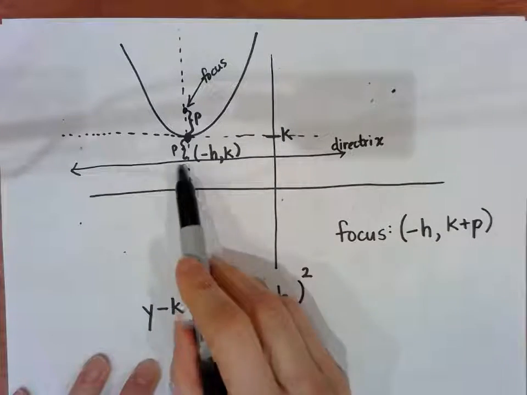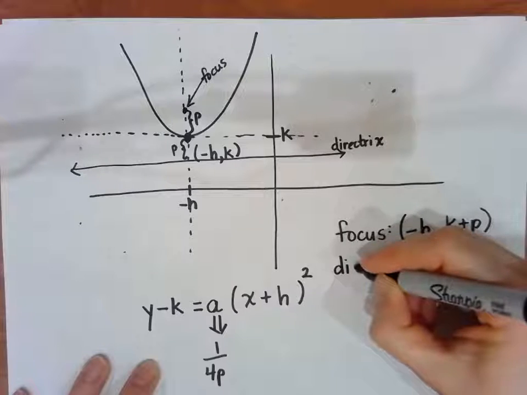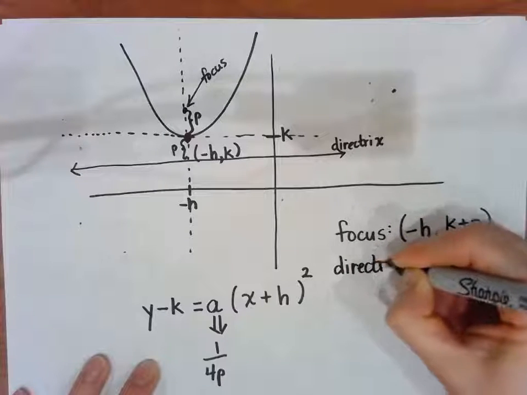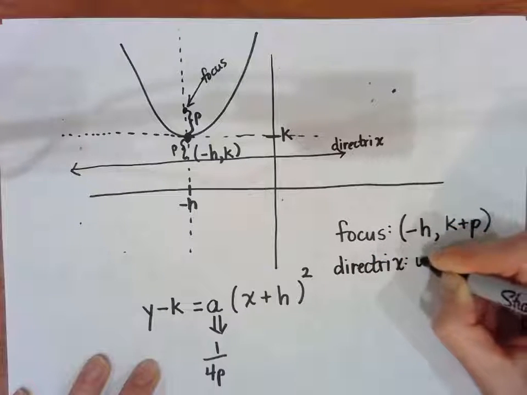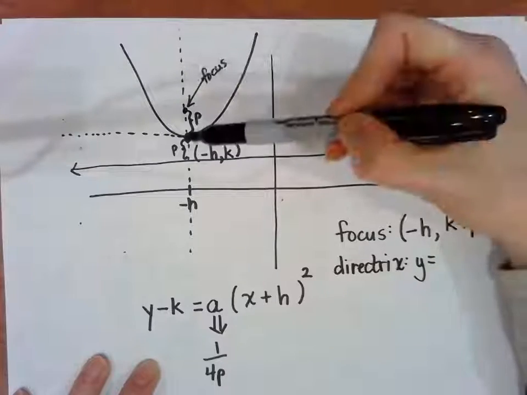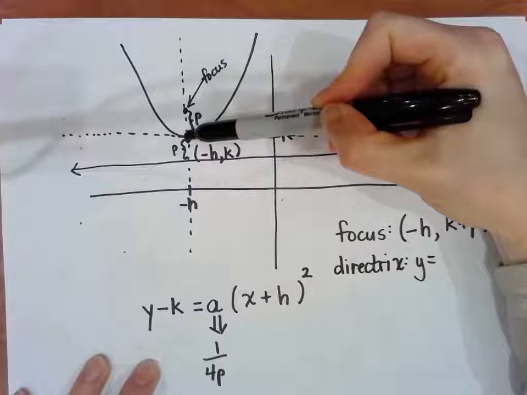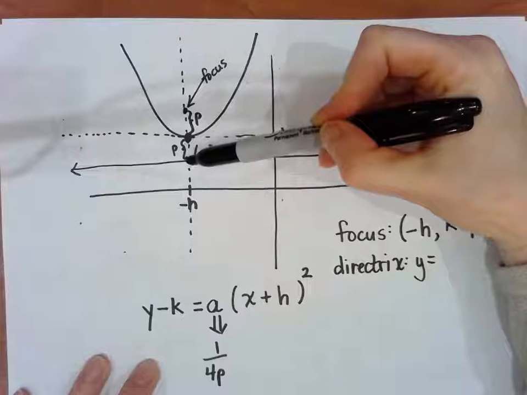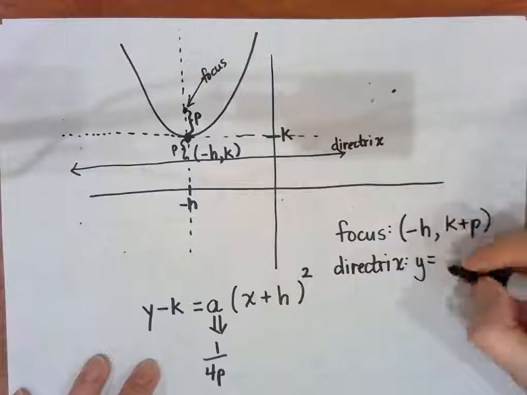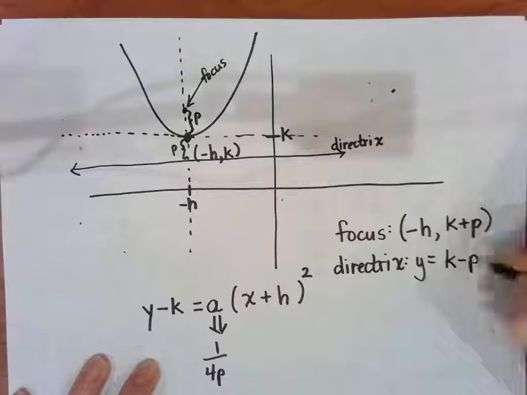And then the directrix is the line y equals, well, we start at the vertex, it's at height k, and we've got to come down p units to get to that. So it's at k minus p. Okay, so we should still be able to find all of the things that we need to.